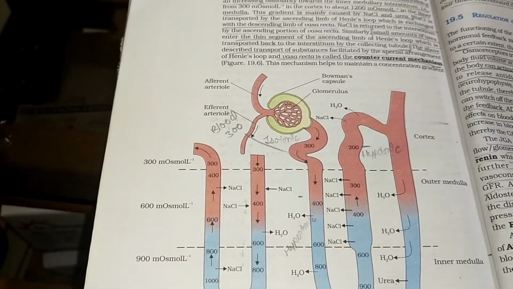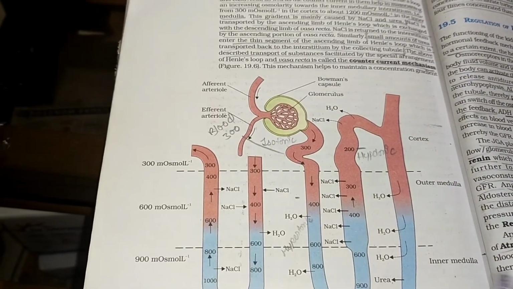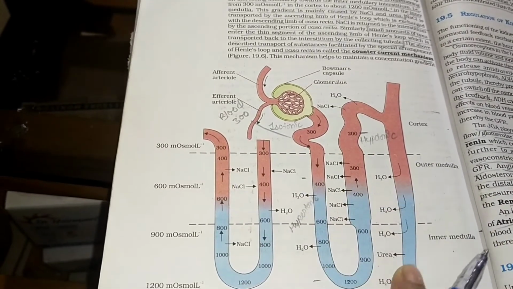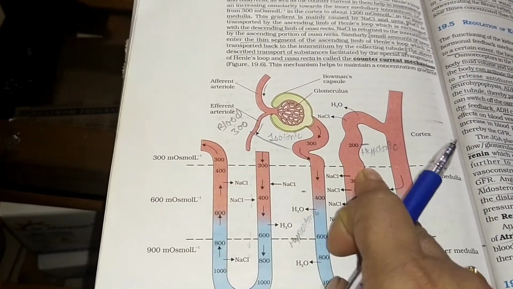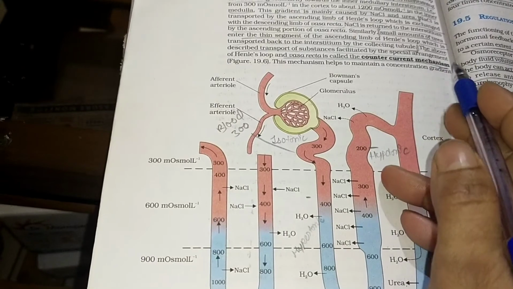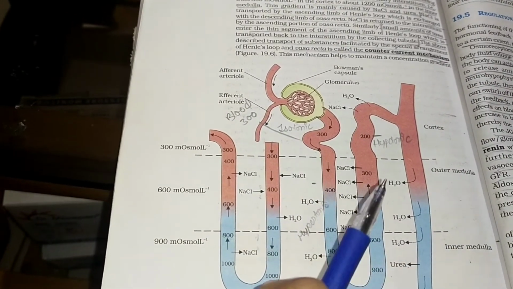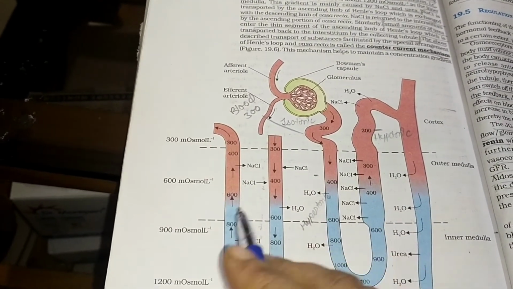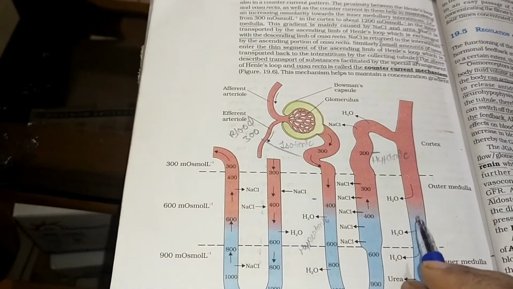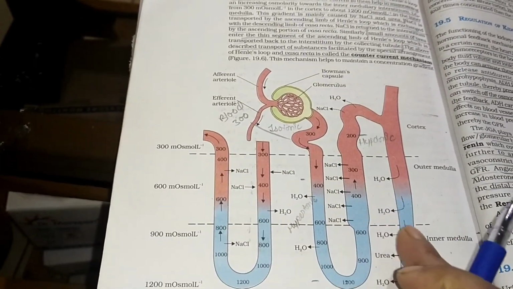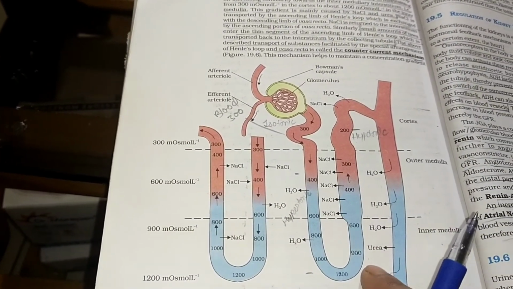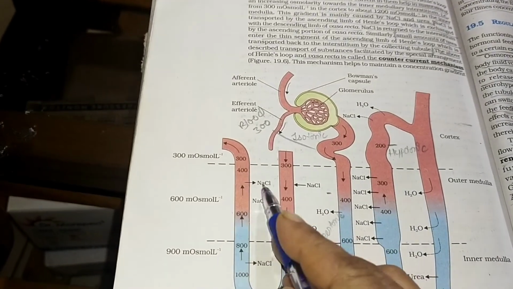The collecting duct again releases the urea here. So the above described transport of substances, facilitated by the special arrangement of Henle's loop and vasa recta, is called the counter current mechanism. Again H2O, urea and NaCl are released here.